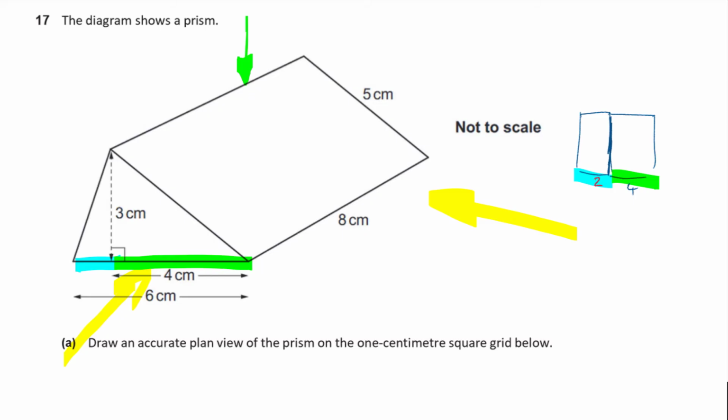So that's going to be 2. This distance 8 is going to be this distance here, so that's 8 along this side, and then we're done. We don't really need the 5, and the other side of the rectangle is the same. So it's going to be 2, 4, and 8. They're the dimensions that we're going to have to use here.